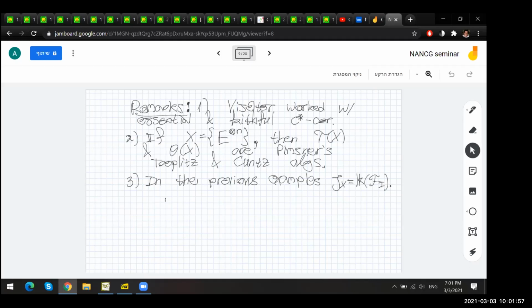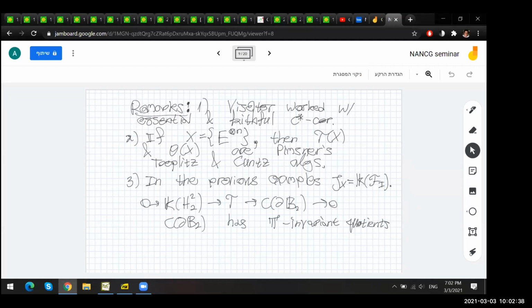He looked at compact operators on the Drury-Arveson space of dimension 2. So you should think of pairs of operators. This is the Toeplitz algebra here, and this is continuous functions just on the boundary of the 2-ball. This is a situation where Arveson's conjecture holds. Then C of the boundary of the 2-ball has T invariant quotients, so proper T invariant quotients.